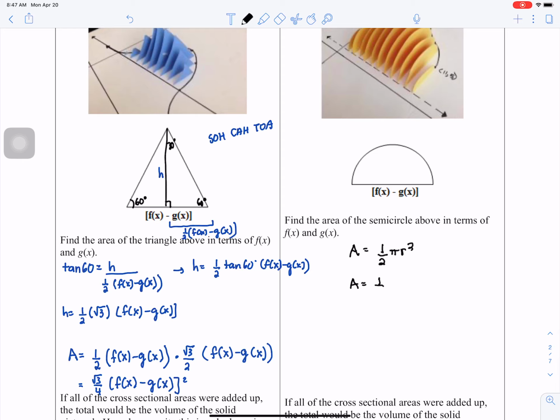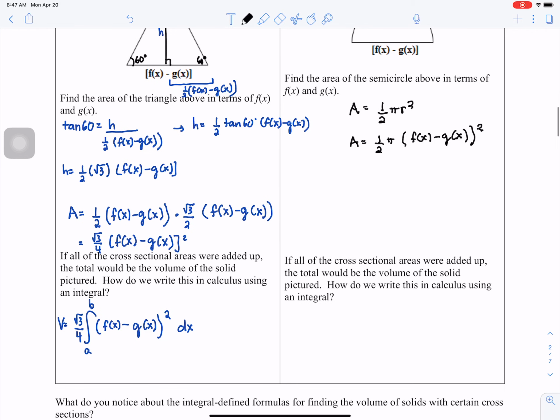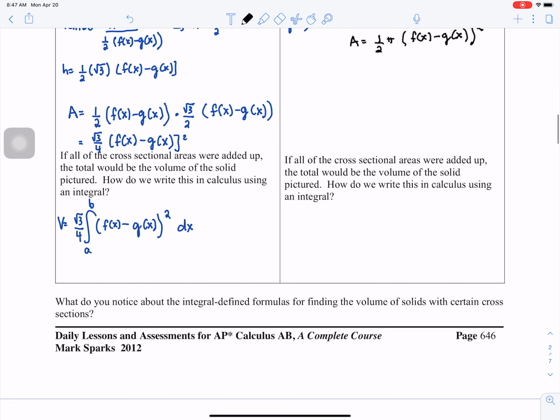So 1/2 pi, my radius is f of x minus g of x, and I square that. If I'm interested in the volume of that solid that would be formed, we would add up all the cross-sectional areas, and so I would get pi over 2, and the integral of f of x minus g of x all squared.